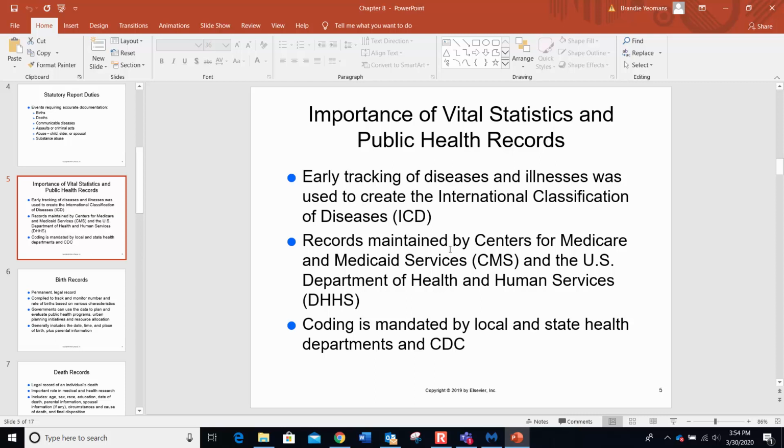So CMS is the Centers for Medicare and Medicaid Services, and remember, those are the very important people that help us ensure that our patients that are on Medicare and Medicaid are receiving quality health care and we're coding appropriately. But the coding is mandated by the state and local governments, and this information actually gets shared with the CDC.